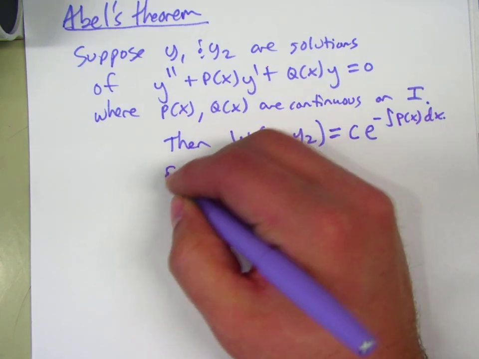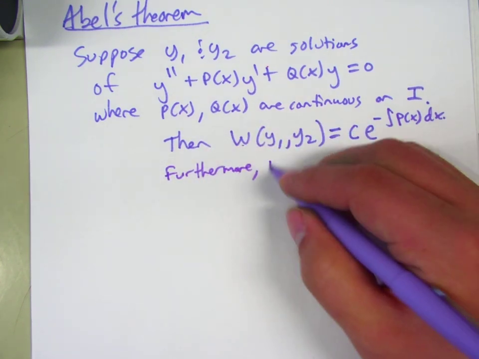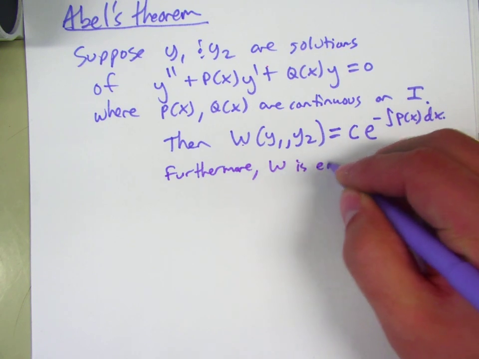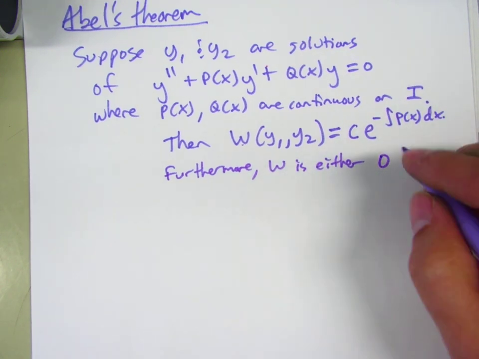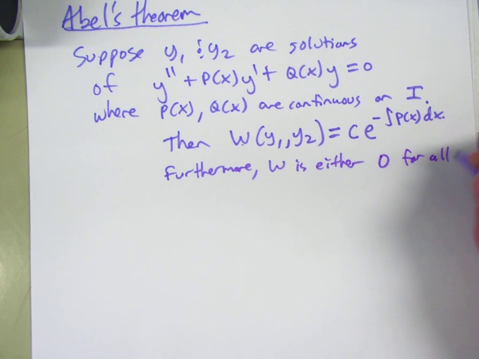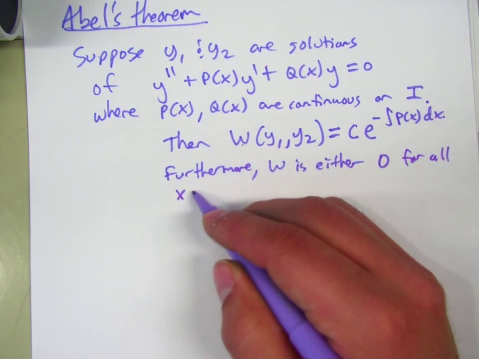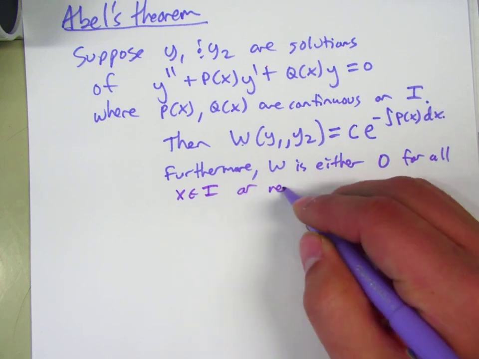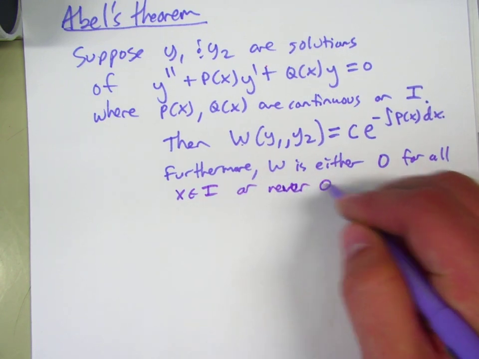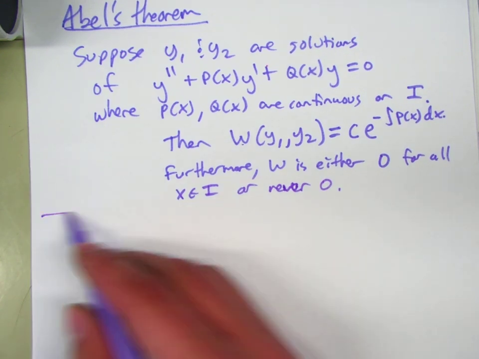Furthermore, w is either 0 for all x values in I, or never 0. So it's either going to be 0 all the time or never 0. So here's the proof.